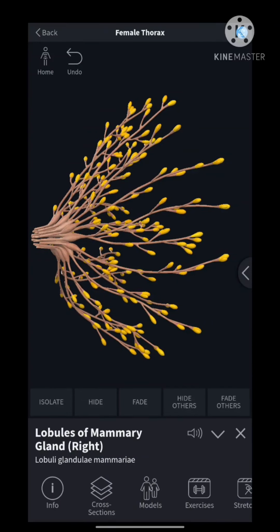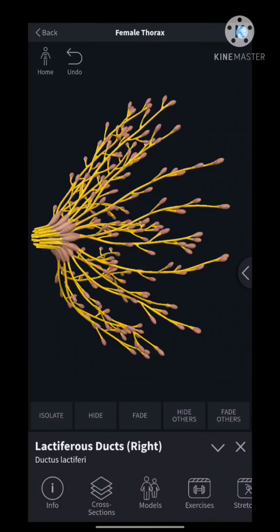These yellow color markings you are seeing over here are the mammary alveoli, which produce the milk in the breast. Arising from each alveolus is the duct system which transports the milk from the alveoli to the outside of the mammary gland, and this duct system is known as the lactiferous duct.